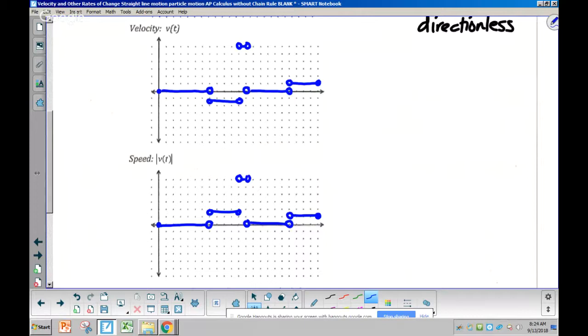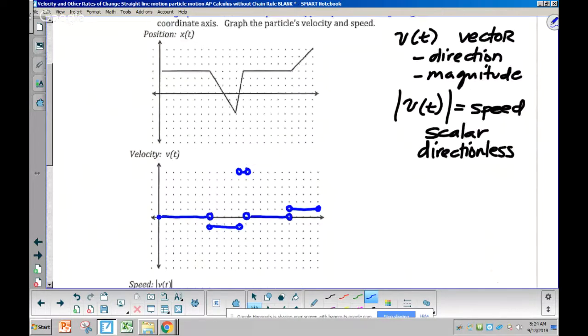Questions on how to do that? Yes. You have that first one that has a closed circle and an open circle at that spot, and then on the right it doesn't. What's the difference between those two corners? Is this a corner? No, the next one.